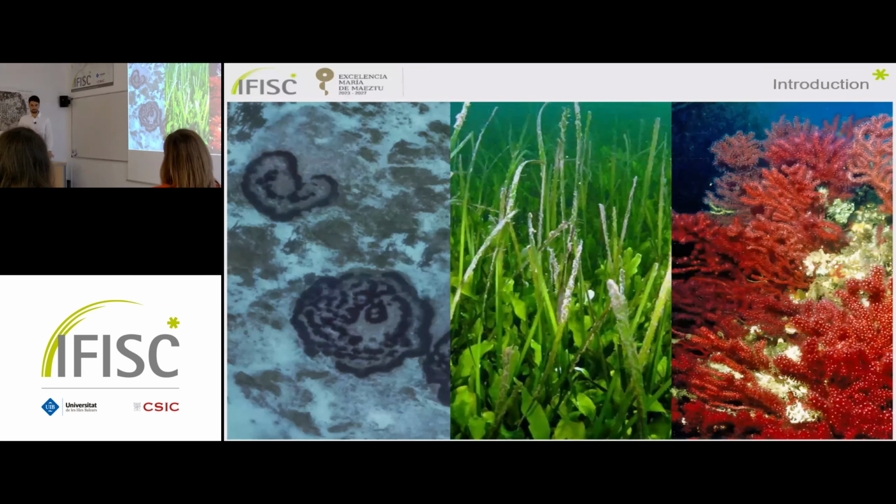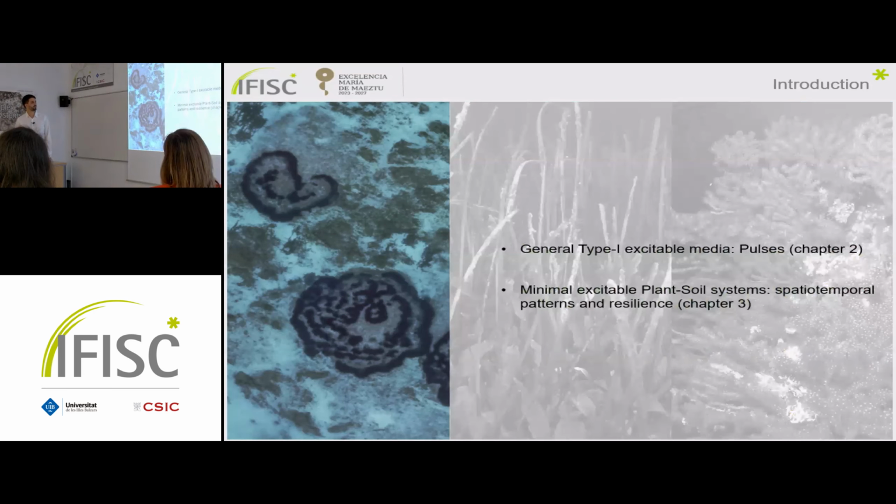So this talk and the thesis is going to be organized like this. First of all, I will talk about excitability, presenting a general type 1 excitable media model, and also how the pulses appear in this framework. Well, this is related with chapter 2 of the thesis.